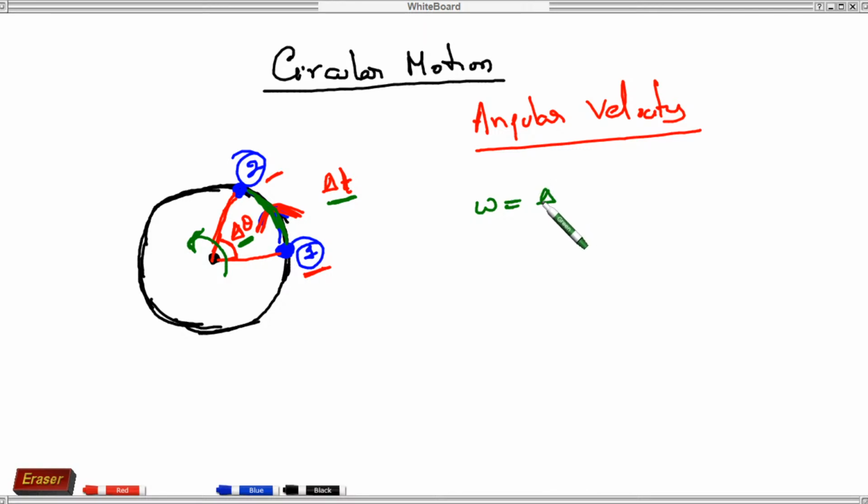So delta theta over delta t: the particle moved from point 1 to point 2, whatever angle it moved will be delta theta, and the time taken by it will be delta t, so this will be omega, the angular velocity.